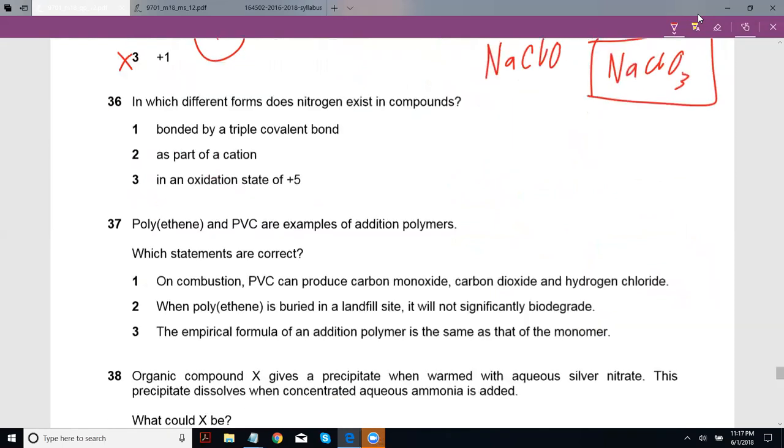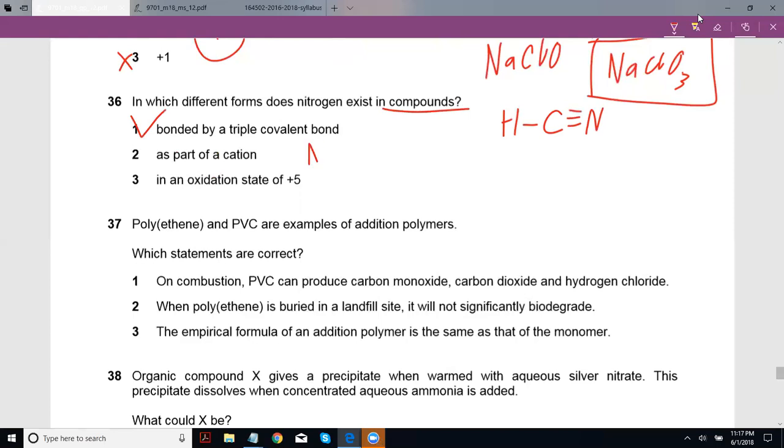In which different forms does nitrogen exist in compounds? Bonded by a triple covalent bond, yes, if you have HCN, it exists like that. As part of a cation, NH4 positive.